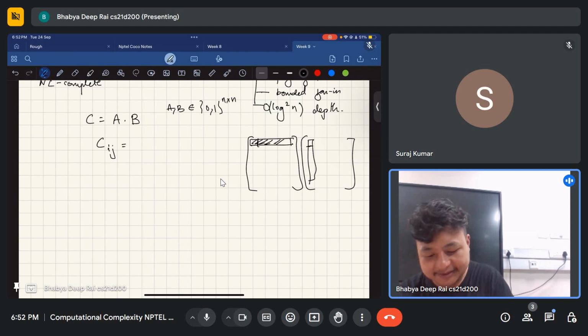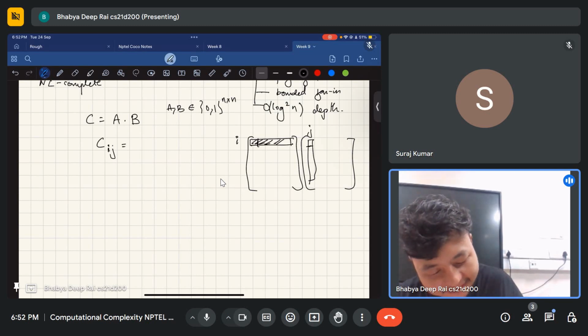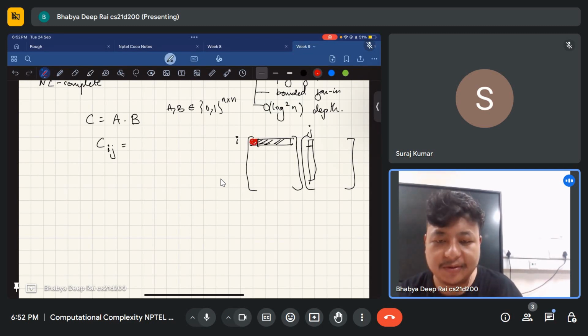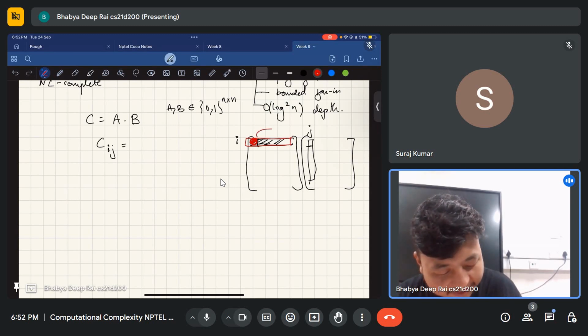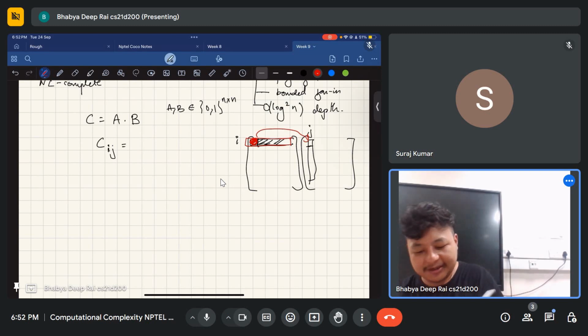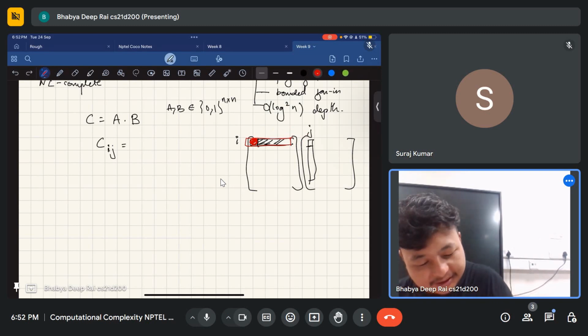Now let's say I fix a row I and I fix a column J, and I want to find this entry. Then I take the ith row and multiply it with the corresponding element in column J, and then I add them. So what is the formula?